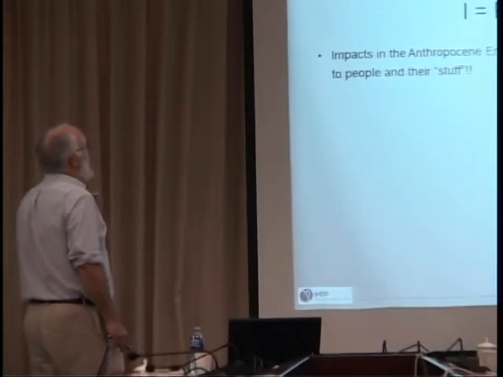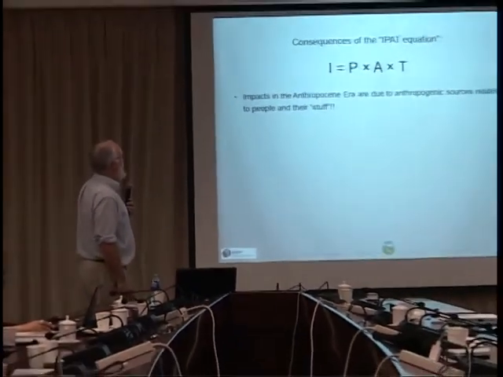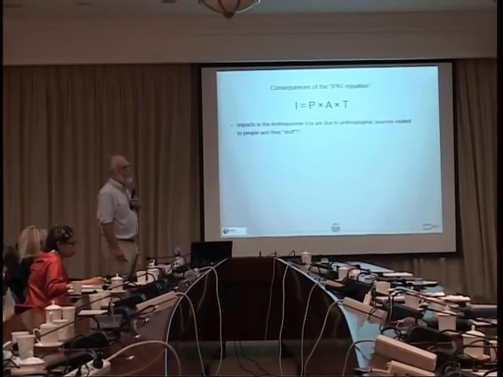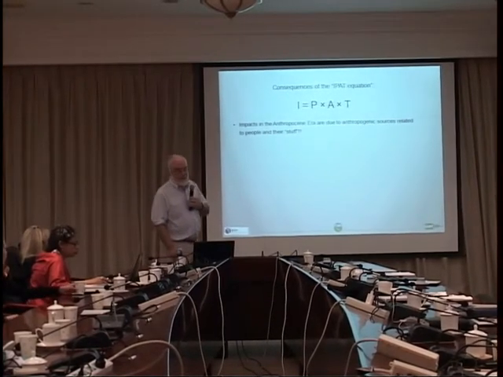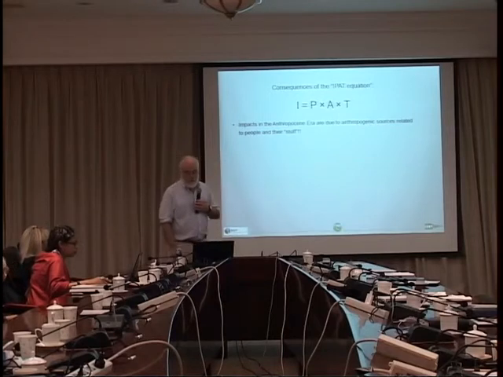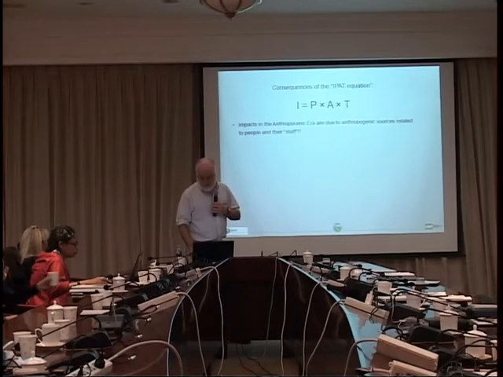Consequences. It's clear that in the Anthropocene, impacts are due to anthropogenic sources. That's obvious. Impacts, that is pollution or nutrient loads in rivers, for example, are related to the numbers of people around and the amount of stuff that they have.